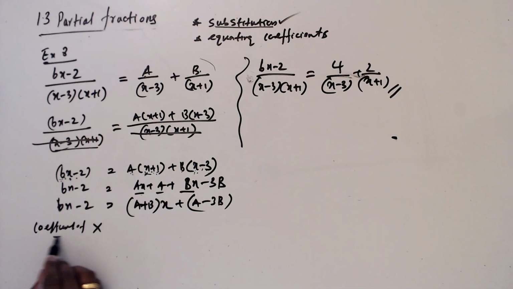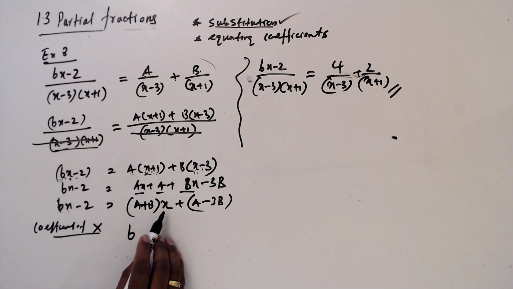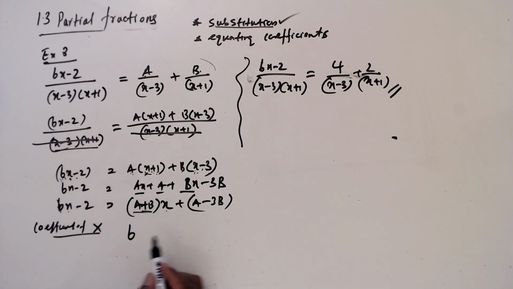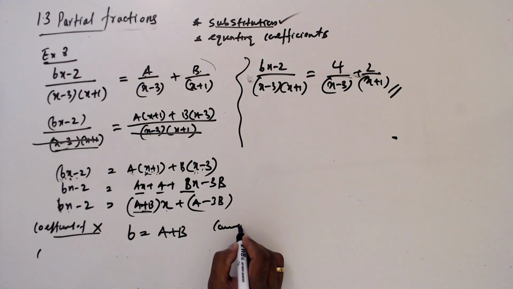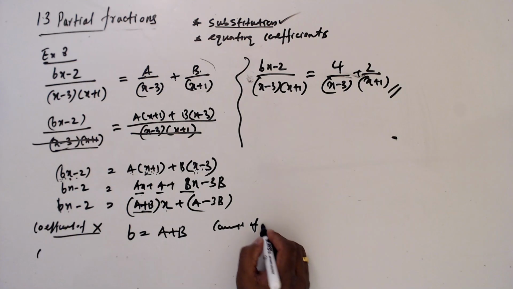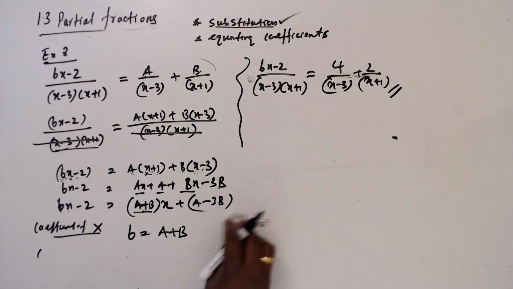So what is the coefficient of x on the left side? This is 6. What is the coefficient of x on the right side? a plus b. So 6 equals a plus b. And then the coefficient of x to the power 0, or simply the constant.